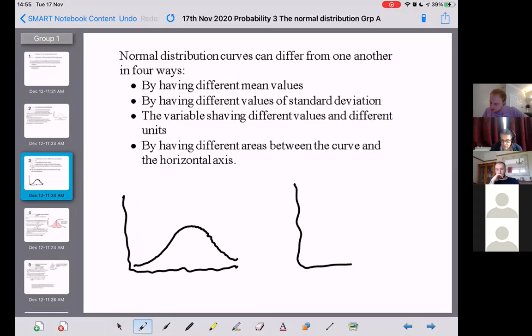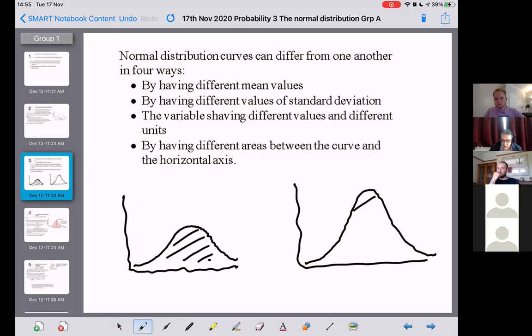Equally, we could have quite a tall distribution where the area under the second one is much bigger than the area under the first.